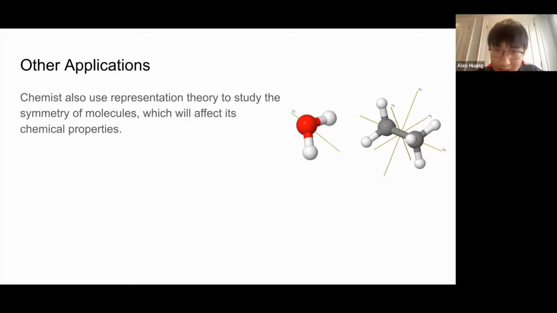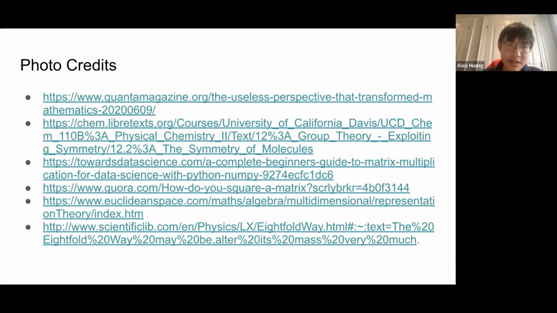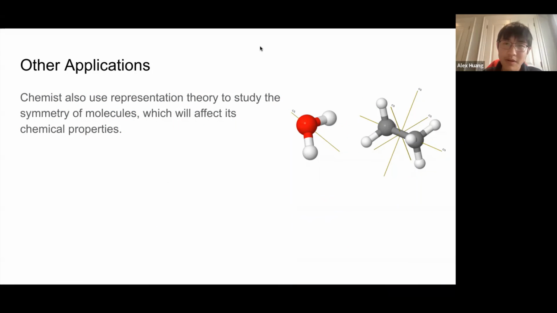Why is that? Because the different symmetries of a molecule significantly influence chemical properties, how it will connect with other molecules during a chemical reaction, and how active it is. That's basically my presentation, and I hope you have become interested in representation theory and modern physics.